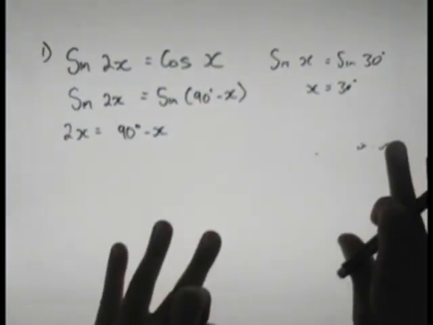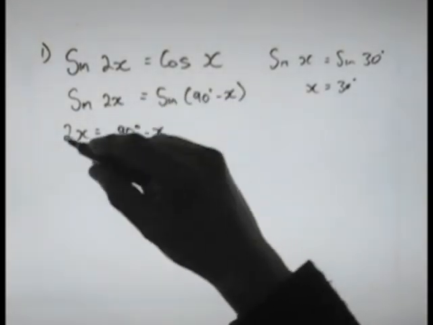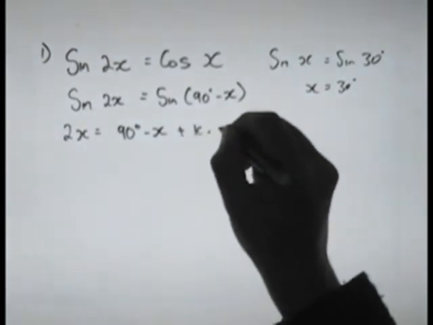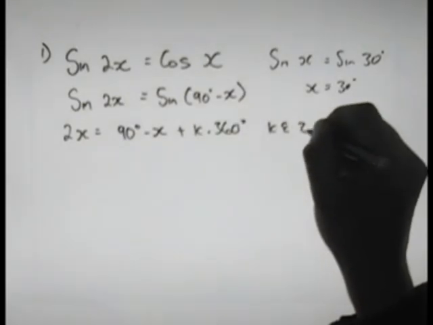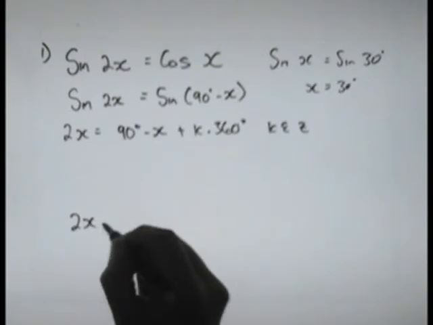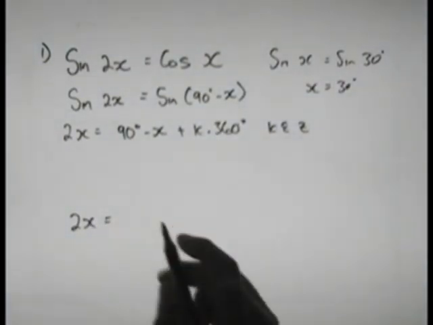Because it's the sine function that we've taken out, my one option is 2x is equal to 90 minus x plus k times 360, where k is an element of integers. My other possible solution says that 2x is equal to, what is the other quadrant that deals with sine?